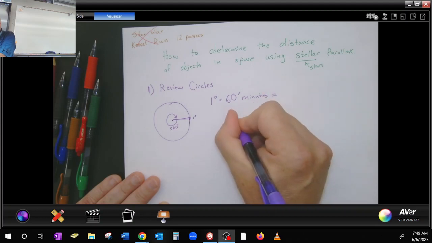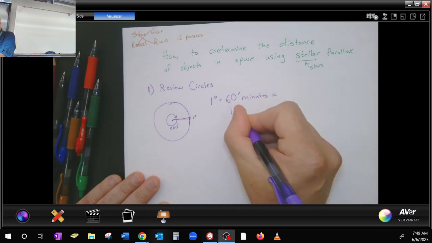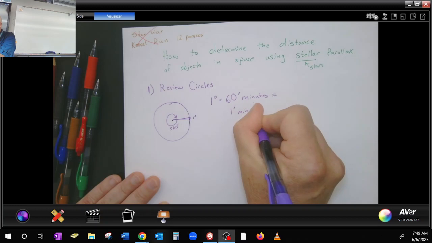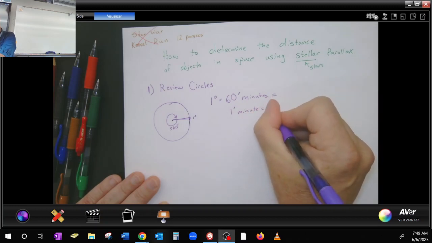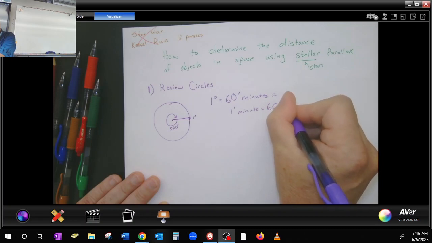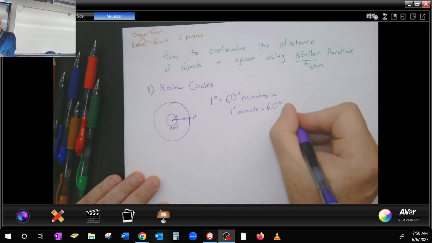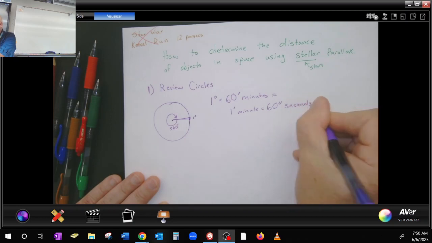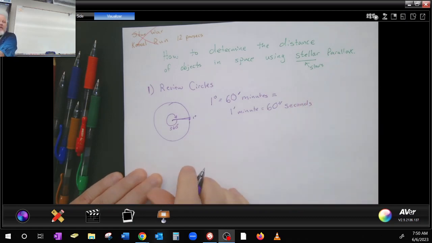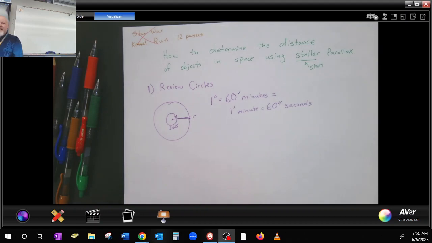Each minute of 1 degree can be broken down, and you can probably almost guess what this is going to be: 60. Two little tick marks like that stand for seconds. Now, if I did something like this, you guys would say I'm making an arc in the sky, right?